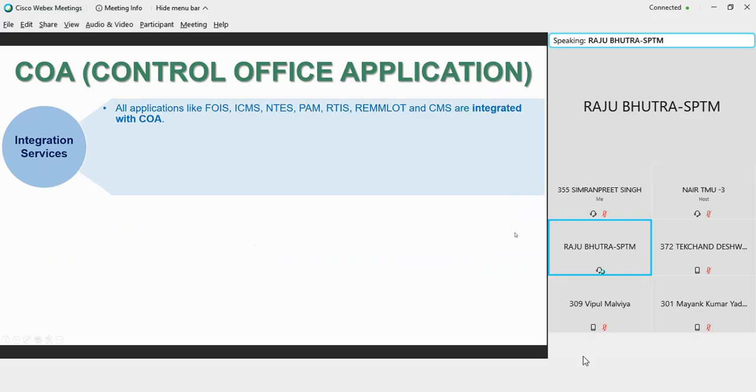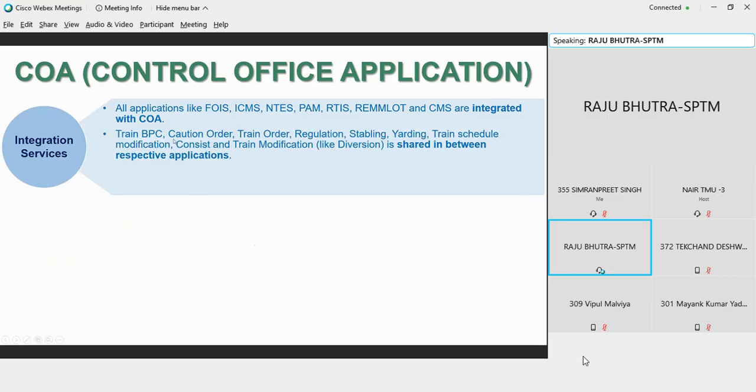All applications like voice, ICMS, NTS, PAM, RTIS, RAMLOT, CMS are integrated with COA. Train BPC, caution order, train order, regulation, stabling, yarding, train schedule, all these can be shared in the respective application. The TSR data is sent to COA divisional server, and further this data updates in NTS, voice, and ICMS. So all these softwares have been integrated.